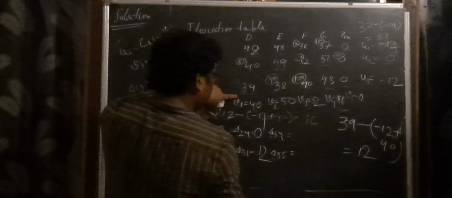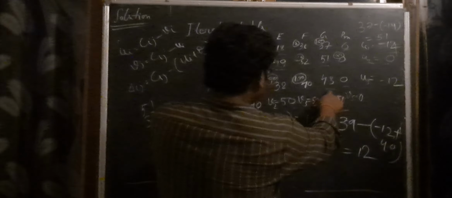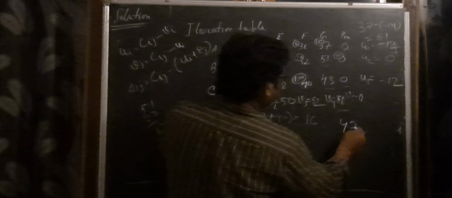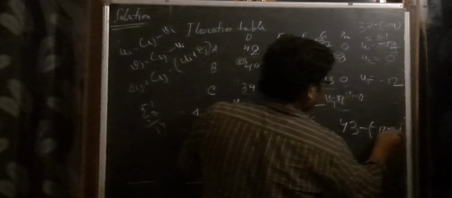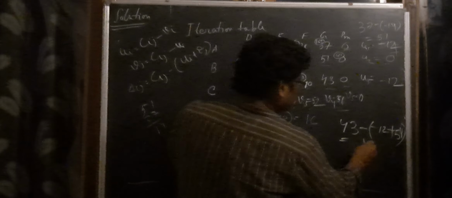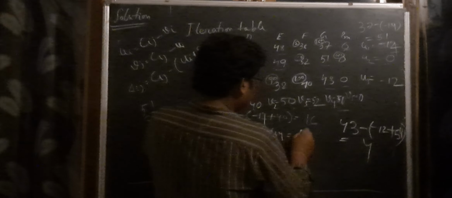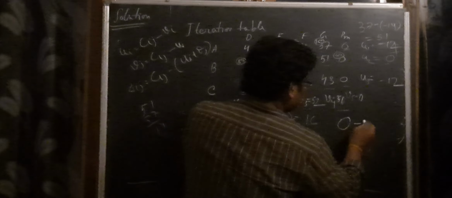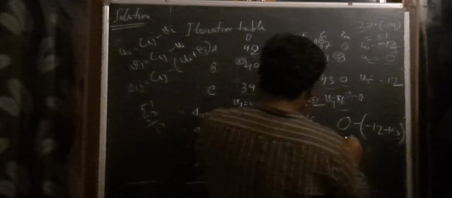Now del 34, del 34 is 43 minus minus 12 plus 51, after calculation it will be 4. And del 35, Cij is 0 minus u3, which is minus 12, plus 0, so it is 12.